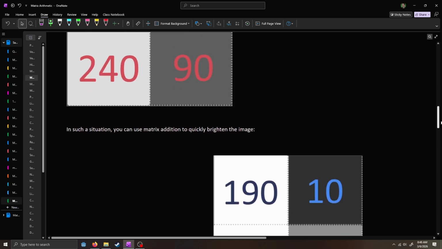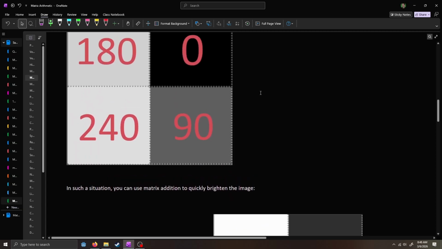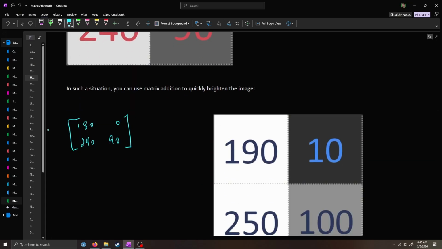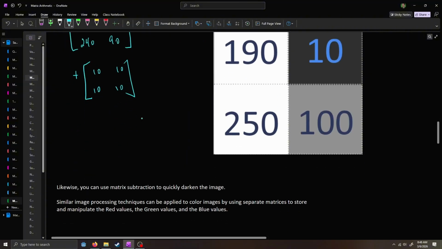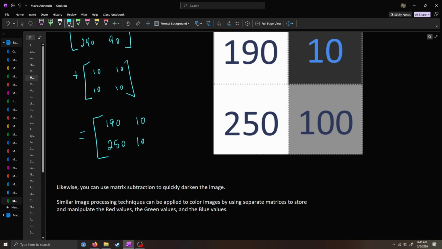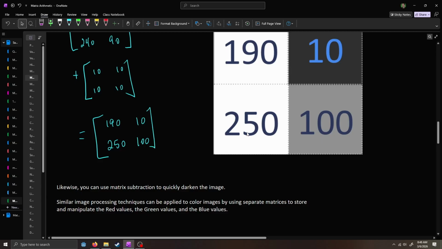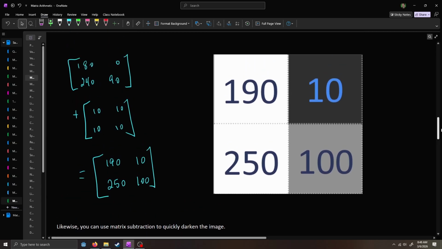So for example, if I represent all the values of all these pixels via a matrix, if I then take that matrix and I add in, for example, the matrix containing 10 in every position, then that will increase the values of all those pixels by 10 units, giving me a result of 190, 10, 250, and 100. And so you can see on the right the colors of the pixels that correspond to these lighter values.